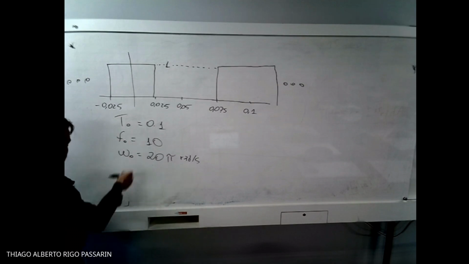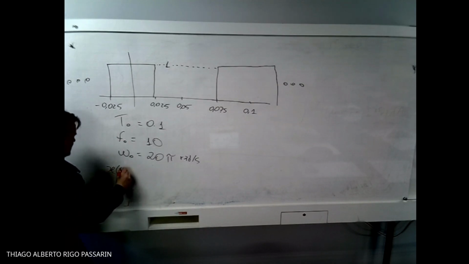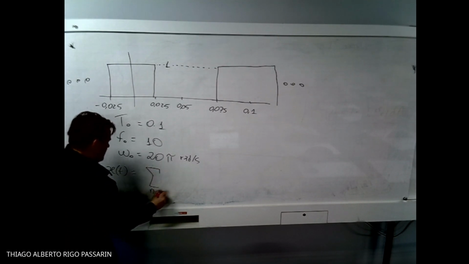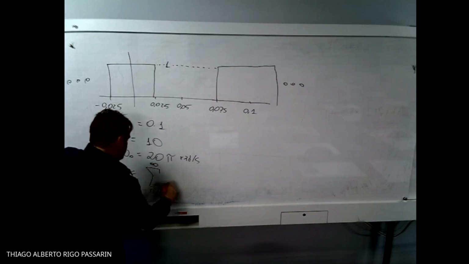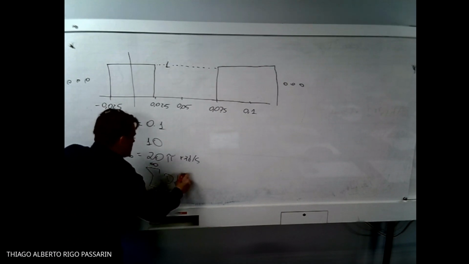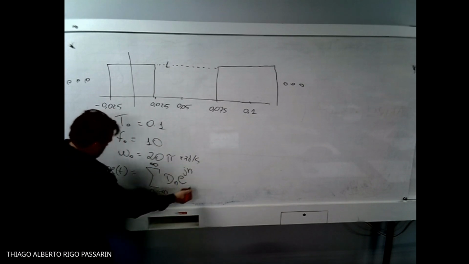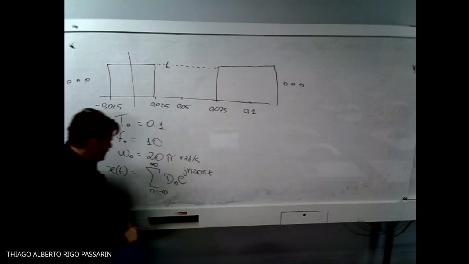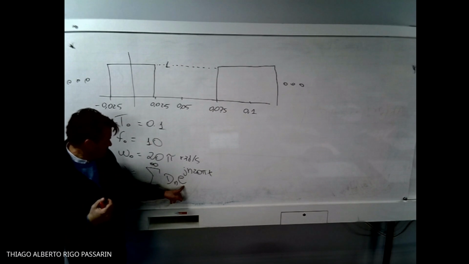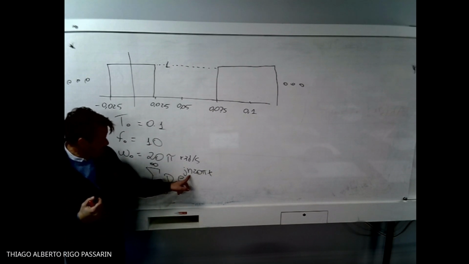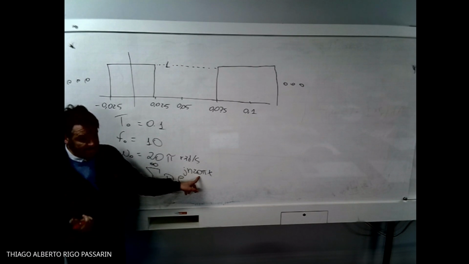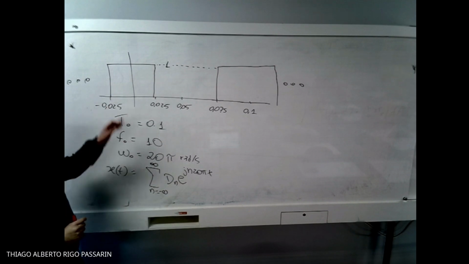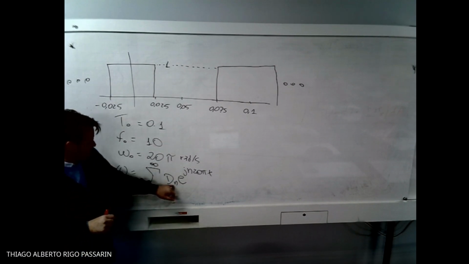That means this signal might be represented as the sum from minus infinity to infinity of dn e to the jn 20 pi t. So if I have all the exponentials with frequencies being integer multiples of 20 pi, including 0, then I might be able to create exactly this signal. I just need to find these values.